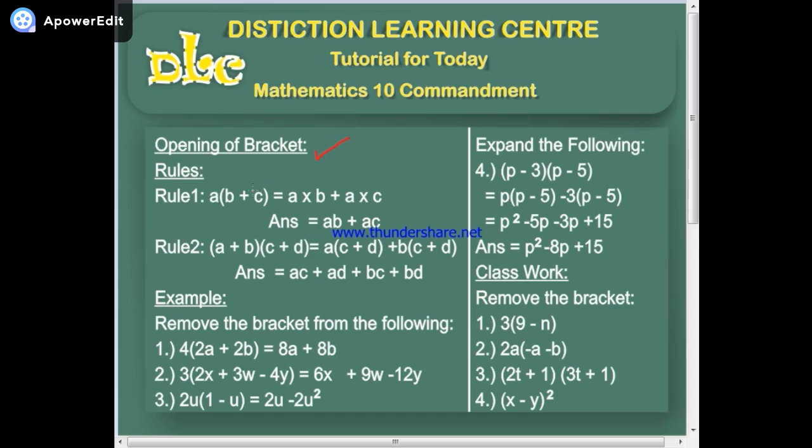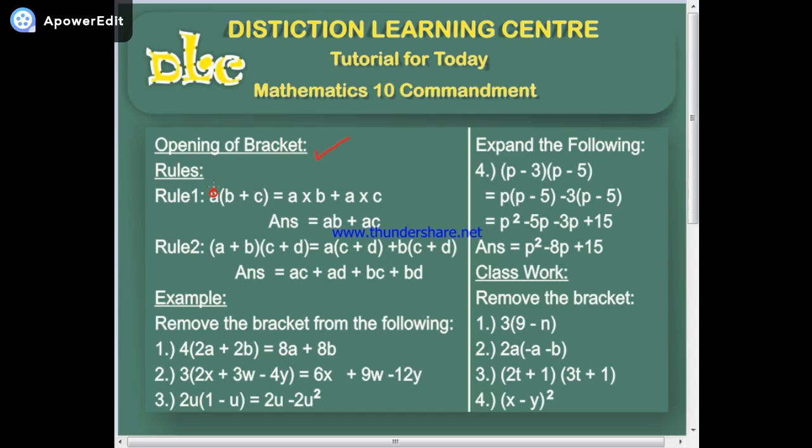The first rule is what? A into bracket B plus C, close the bracket. So how are you going to do this? What you're going to do here is that you are going to multiply the one outside with the one inside.